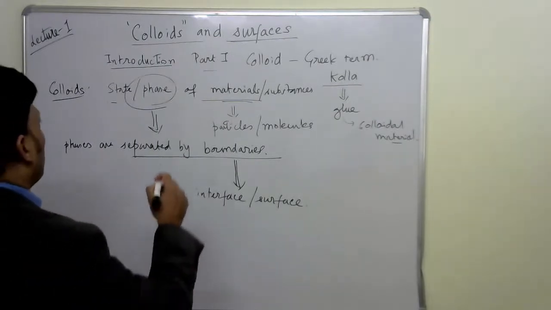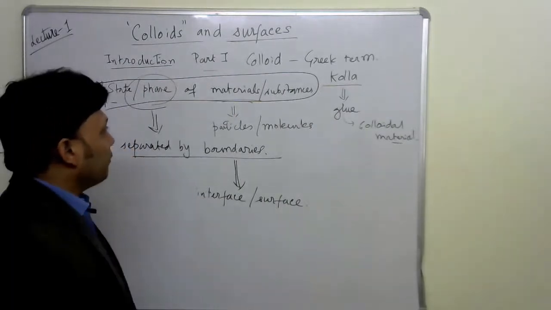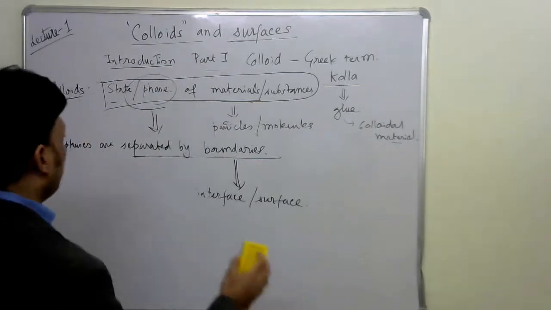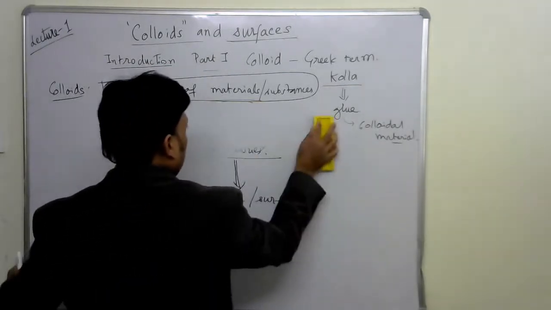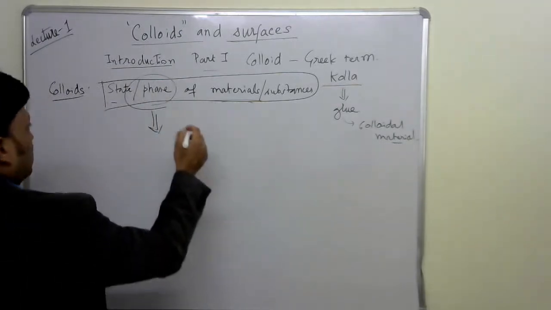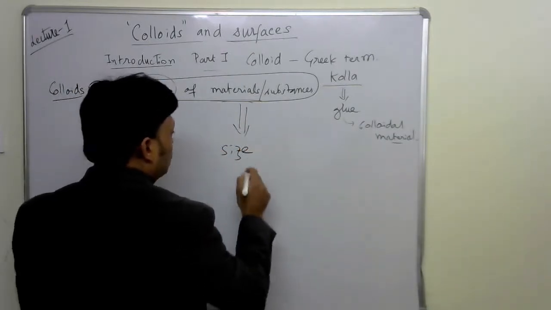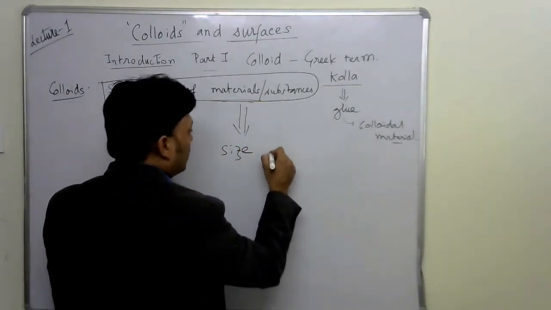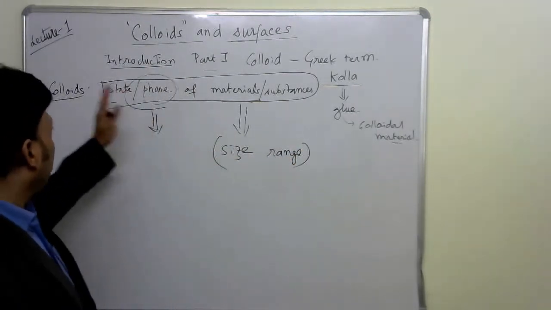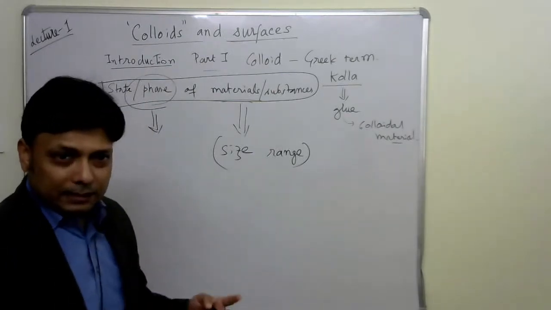Anyway, whenever we call colloids a special state or phase of some materials or substances, it is also related to a kind of size range. These materials or substances have to fall within a certain size range, and only then are they likely to form a colloidal phase, or colloidal system.